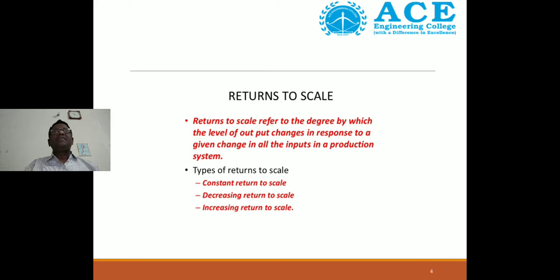Returns to scale, definition. It refers to the degree by which the level of output changes in response to a given change in all the inputs in a production system. What is the meaning of returns to scale?